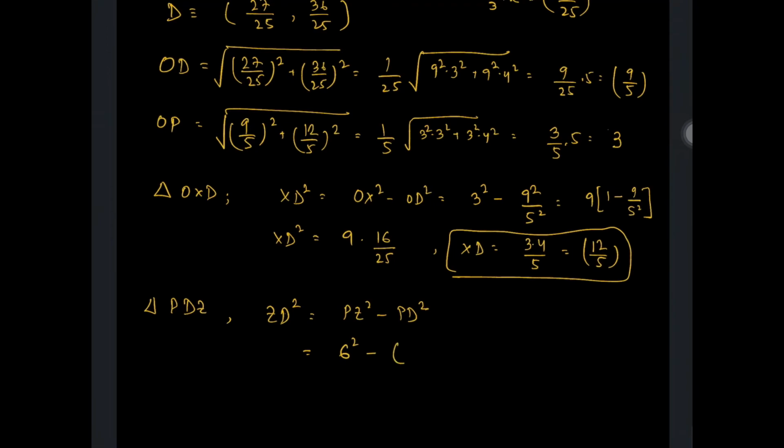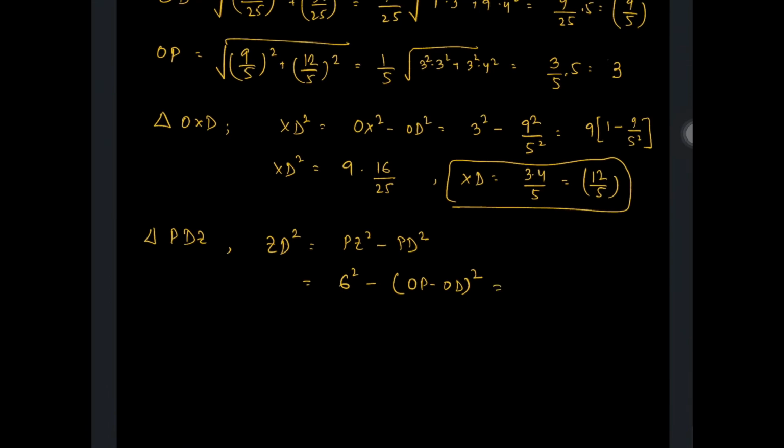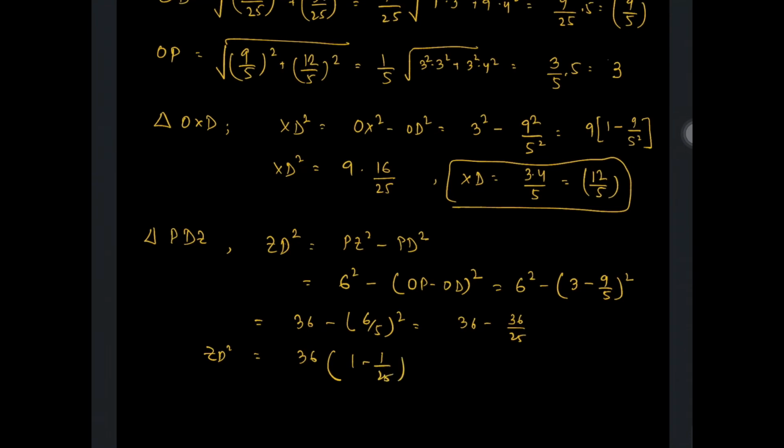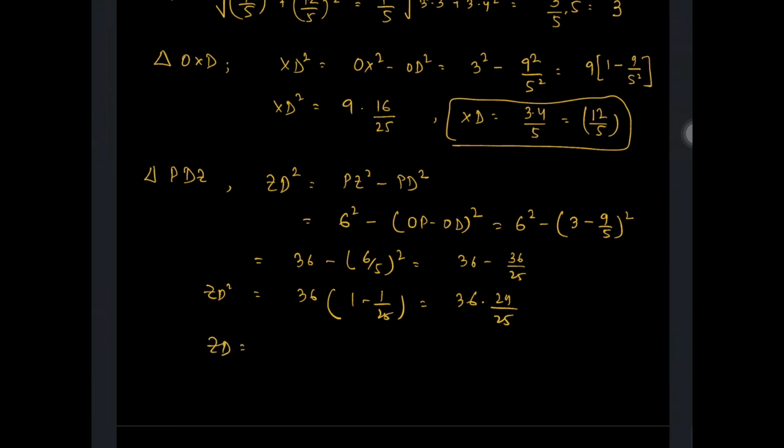PD square is (OP minus OD) whole square, so that is 6 square minus... OP is 3 and OD is 9 by 5, so that is 36 minus (6 by 5) whole square, that is 36 minus 36 by 25. So ZD square is 36 into (1 minus 1 by 25), that is 36 into 24 by 25. So ZD is 6 by 5 root 24.